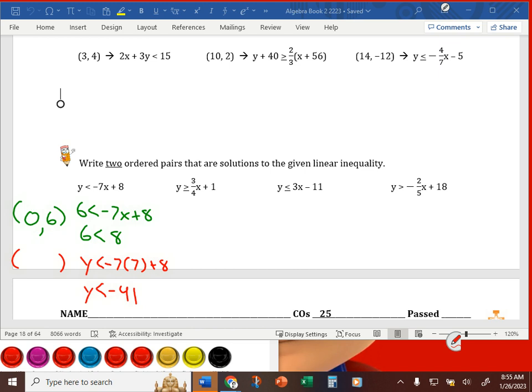So with an x value of 7, give me a y value that's less than negative 41. Negative 42. Right? Okay. So you can pick either variable first, whichever one makes more sense and is easier for you to do. But the options are endless.